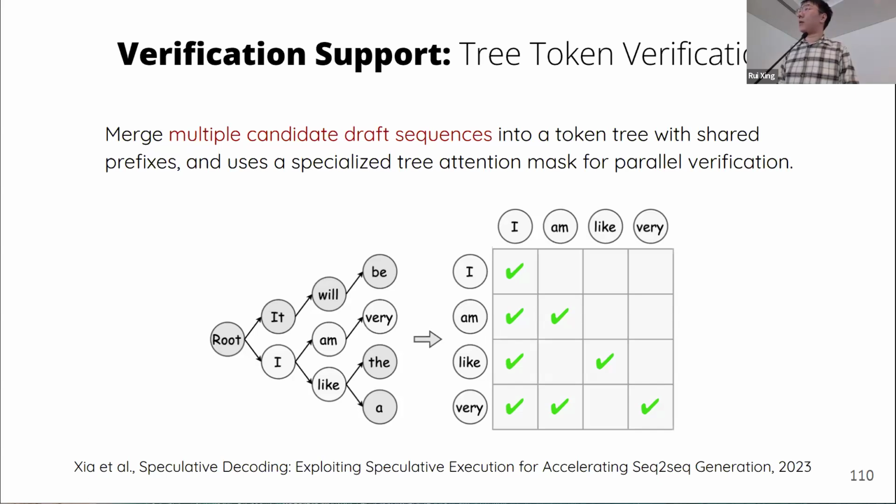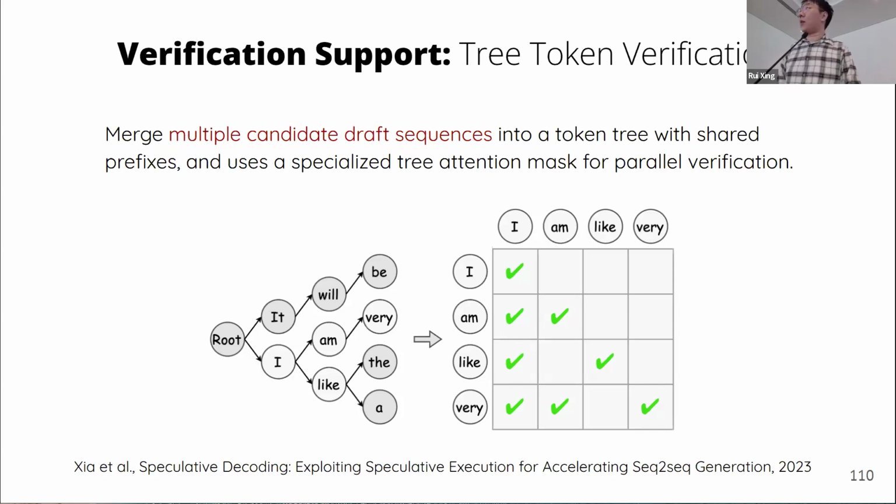Here we finally keep "I am very" and "I like" as these two candidates. And if we realize them on the attention mask, it will be such a thing. So this tree can be used for parallel verification.